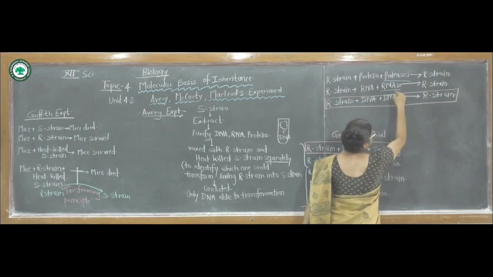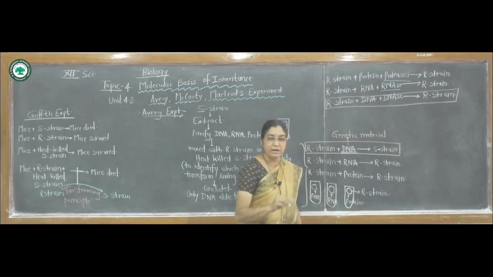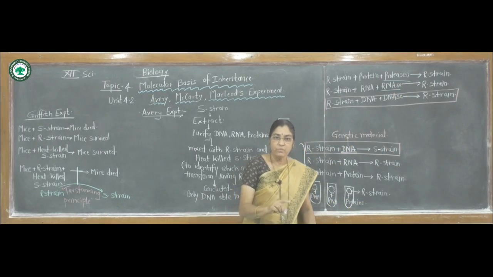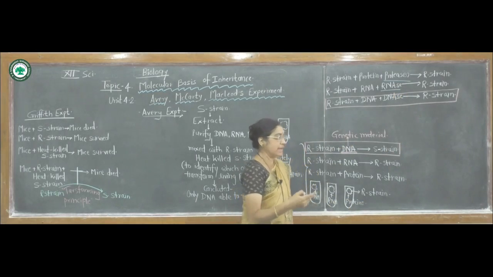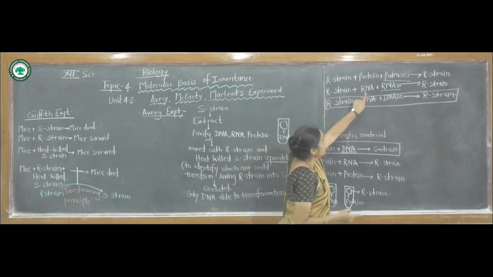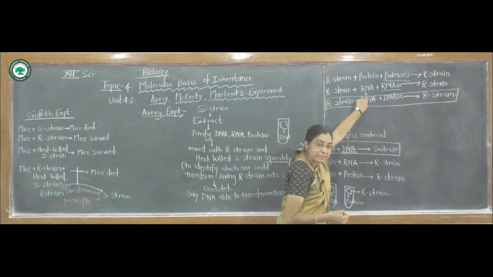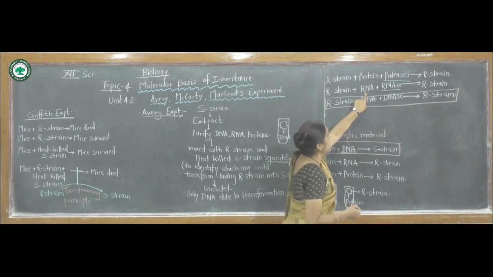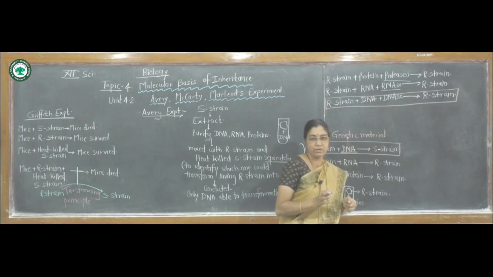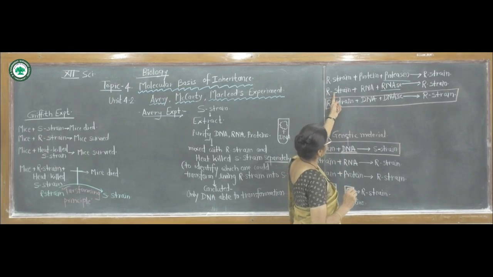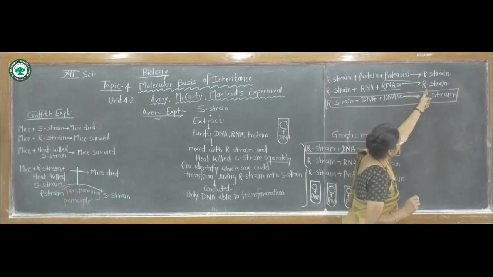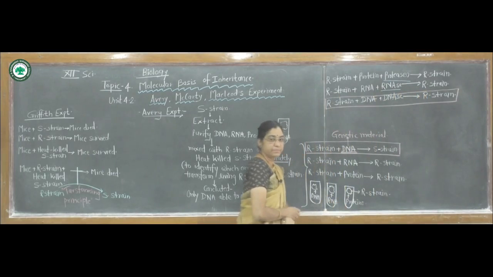Again the RNase enzyme helps to lyse the polynucleotide chain of RNA. That means the RNA molecule can be broken down in the presence of RNase, and here the result is that the R strain bacteria remains as it is.